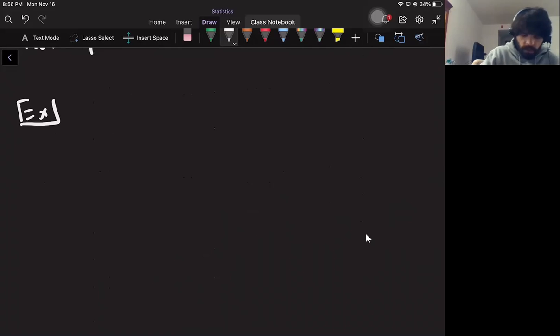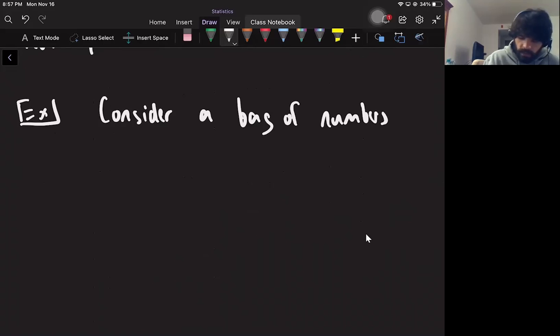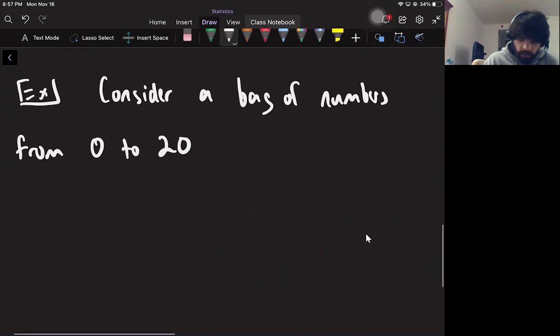So here's one example coming from this website. So let's think of a bag of numbers. So we just have this bag, and the numbers in the bag are from 0 to 20, and they all appear equally often.